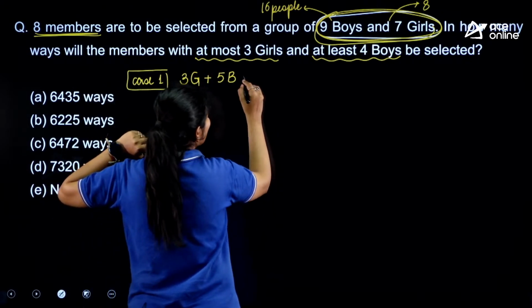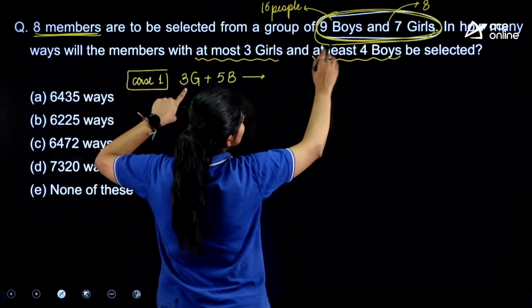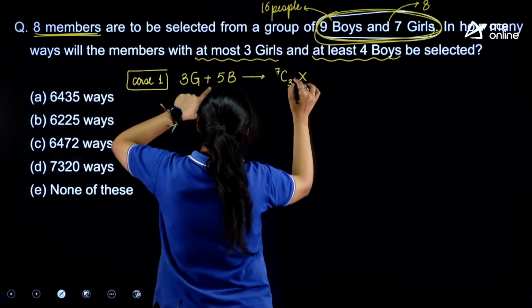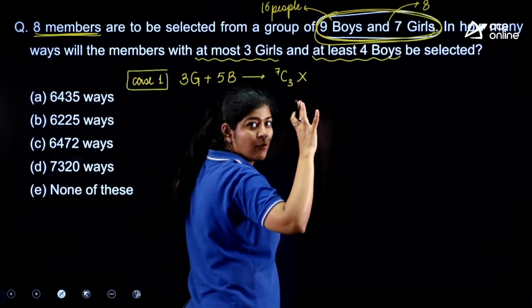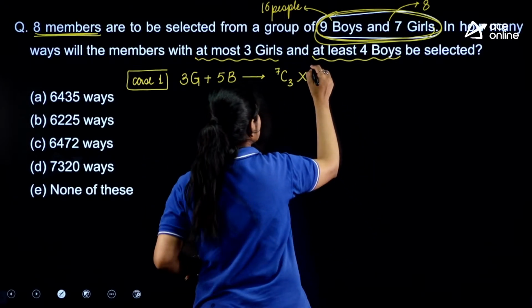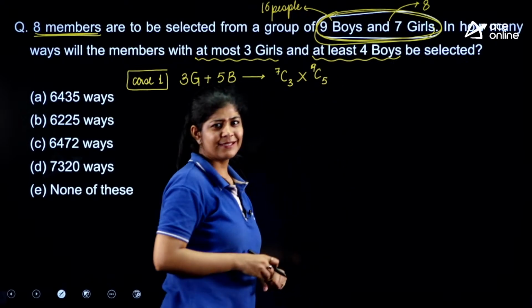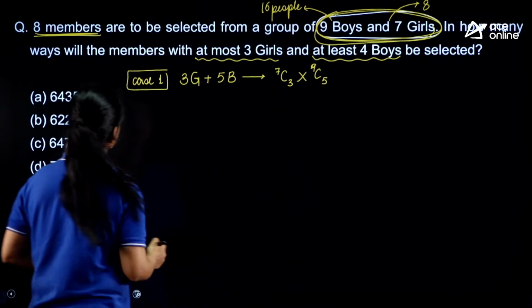Now I have to select 3 girls out of 7 girls, so 7C3 multiplied by, I need to select 5 boys out of 9 boys, 9C5. This I need to solve, right? Case number 2.